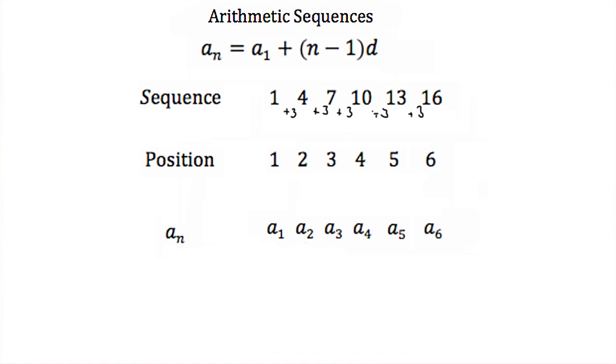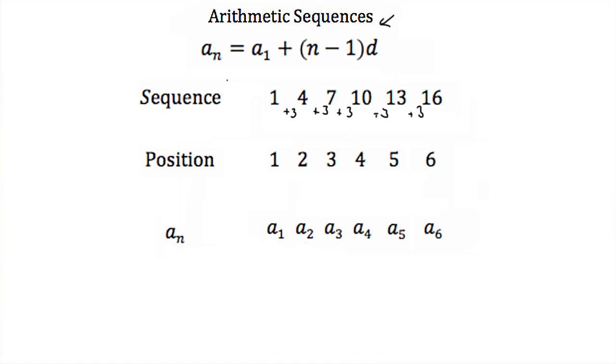But if we didn't want to go through the work to figure out how these numbers are changing, we could use this formula. This formula states that a sub n is equal to a sub 1 plus n minus 1 times d.